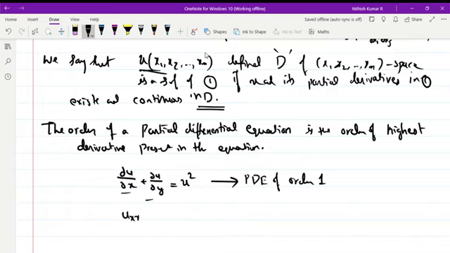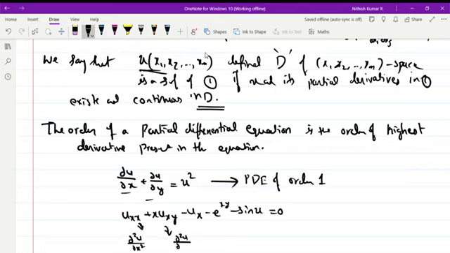Similarly, if I take uxx plus x into uxy minus ux minus e power xy minus sin u equal to 0. Now, what is uxx? Uxx means it is dou square u by dou x square. And what is uxy? It is dou square u by dou x dou y.